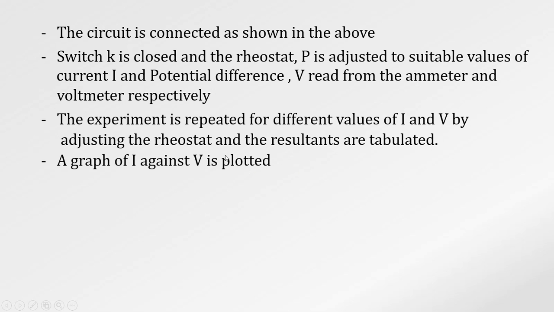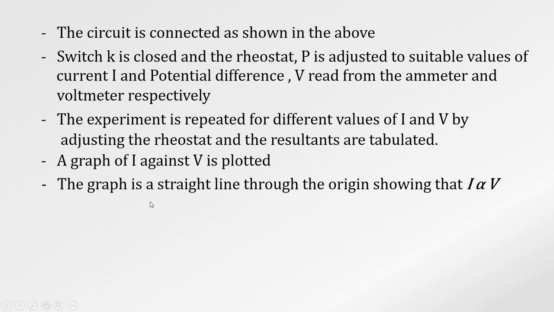After you have obtained like 5 to 6 pairs of values, you can plot a graph of I against V. When that graph is plotted, what will be obtained is a straight line through the origin.